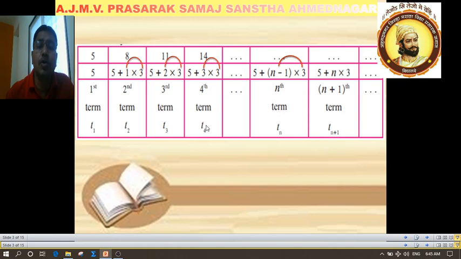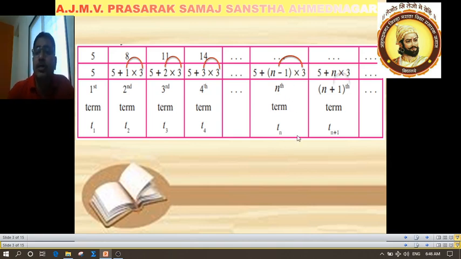See, for the fourth term, a plus 3 time common difference. For the third term, a plus 2 time common difference. So for the third term, 2 time. For the fourth term, 3 time. For the nth term, n minus 1 time. So we get, this is the formula for finding nth term.